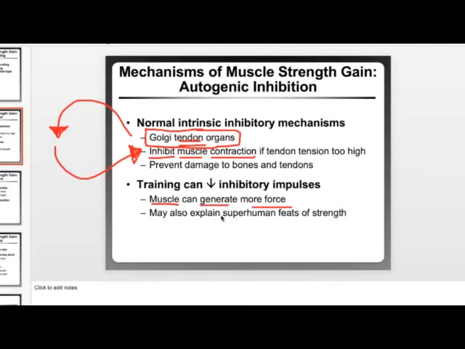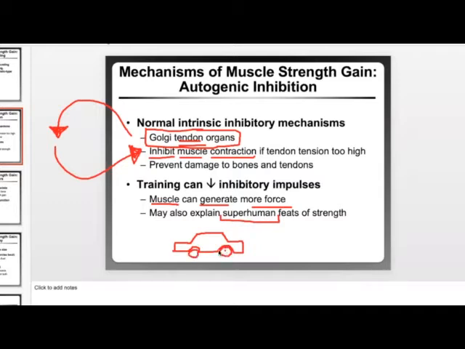You might have heard of instances where people have all of a sudden had superhuman strength, like a baby or a child is stuck under a car, and a person goes over and is able to lift the edge of the car and get the little baby out from underneath. Well, how can they do that? How does somebody lift a car?